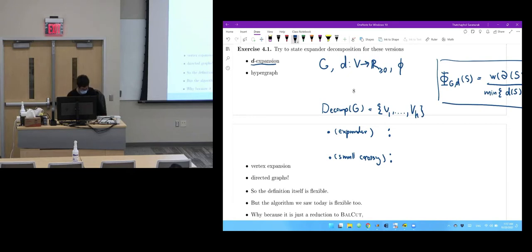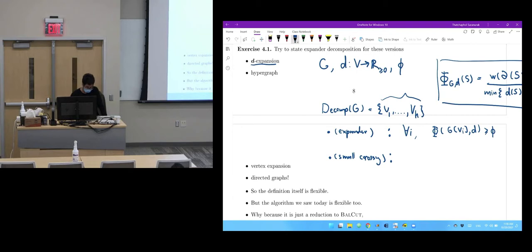Okay, so what we should get is that for each of the parts that we get, if we keep finding sparse cuts until we cannot find any, and the algorithm returns these parts, then for each part, the D-expansion of each part is big, at least phi.